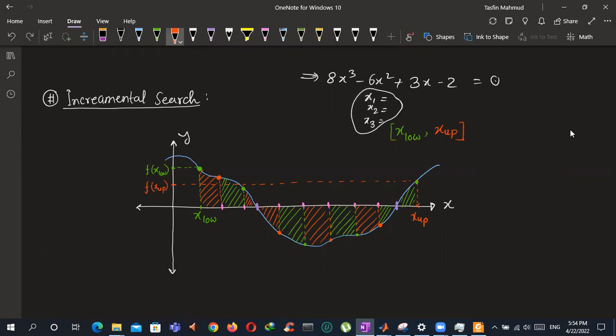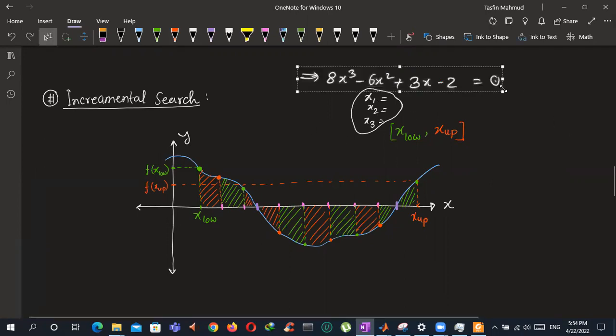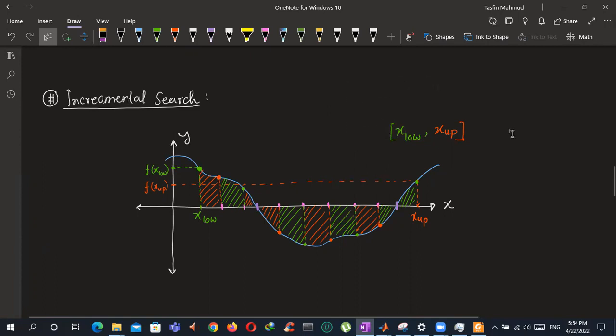So what you have to do, you can make smaller segments. I'm giving you the hint, you will modify the code yourself. Let's assume you will be given the range x low as 0 and x up as 100.